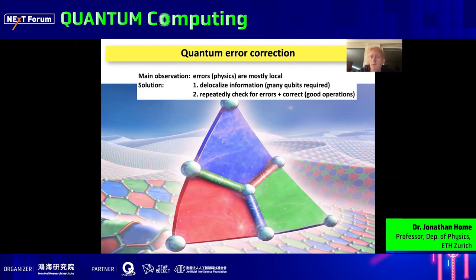So delocalize information so that it sits distributed across a number of qubits. And then to repeatedly, in a very subtle way, go and check for errors and correct any errors that you see before they have time to accumulate so many that the amount of error causes some corruption of this delocalized information. And so the kind of measurements that have to go on there, they're not to measure individual bits.